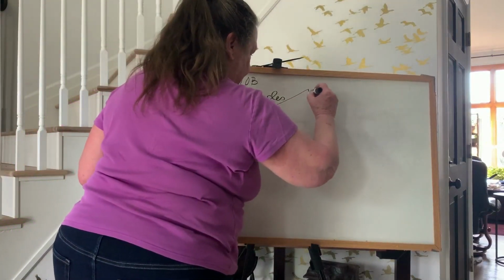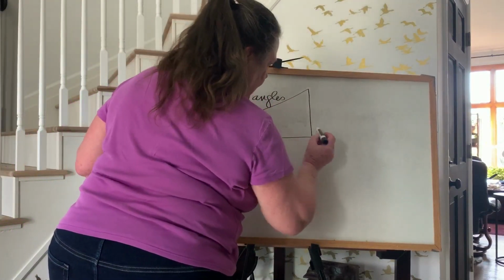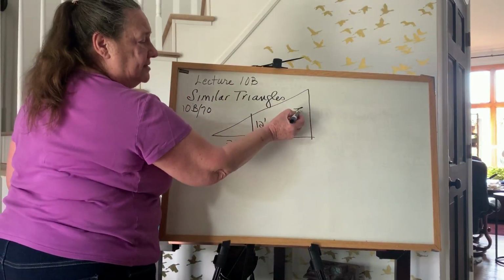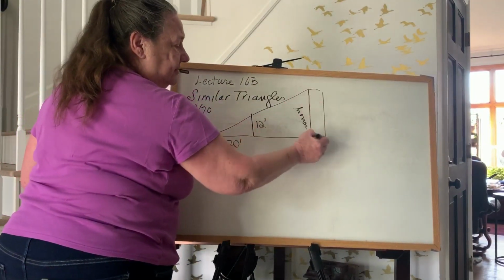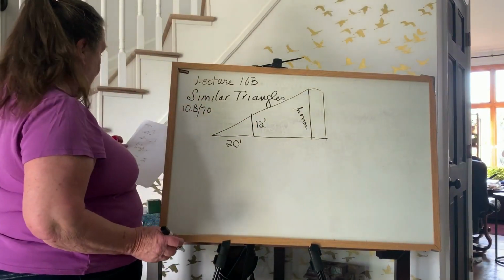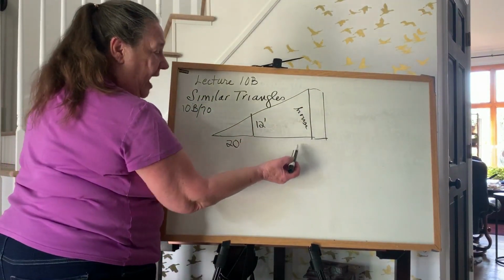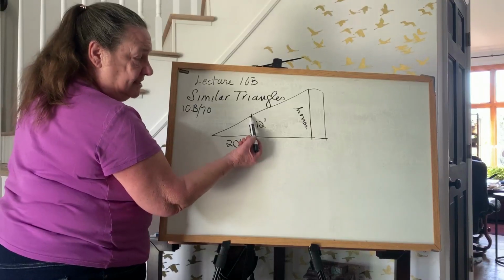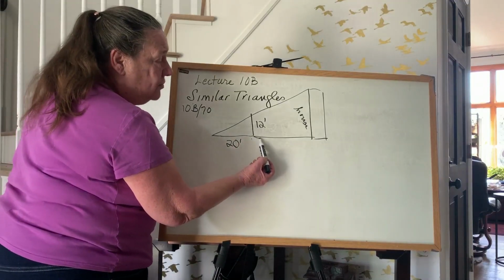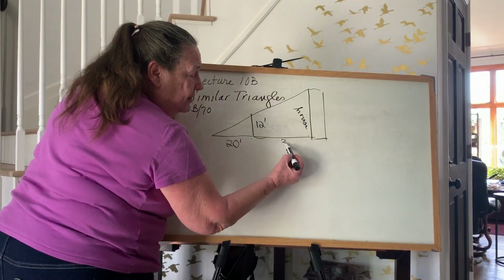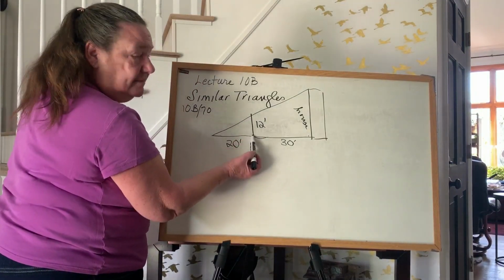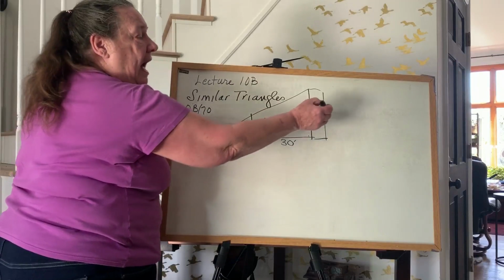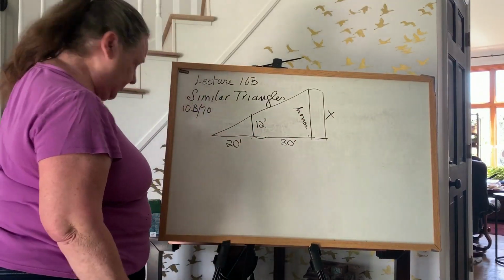Then it says, this is your house, okay, flat top roof, okay? This is your house, and it says the house is, this is the property line, the house is sitting back 30 feet from the property line, okay? This is your yard. How tall is the house?